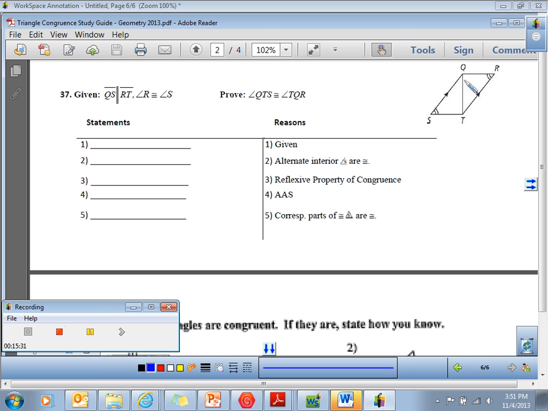Segment QS is parallel to segment RT. Okay, and we know the angle R is congruent to angle S. So the first reason is given, so we can write that down at least first.